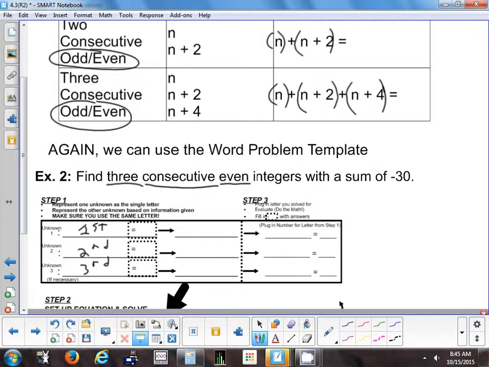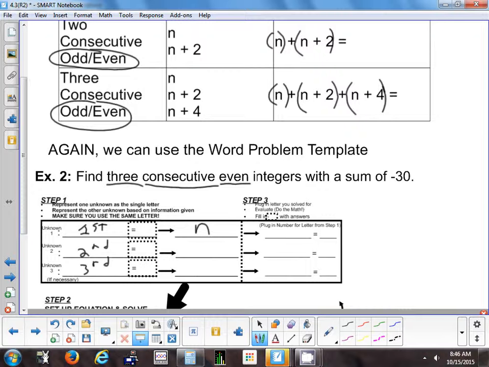First one is represented the same every time. Doesn't matter what kind of problem it is. If it says consecutive, the first integer is always N. Now I want my second integer. Remember, consecutive, even.